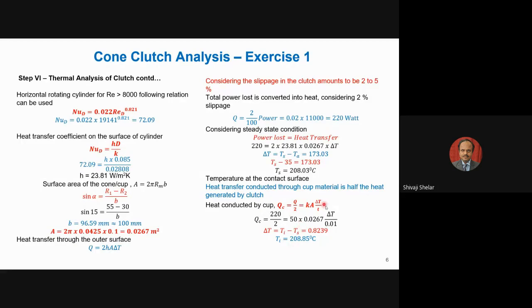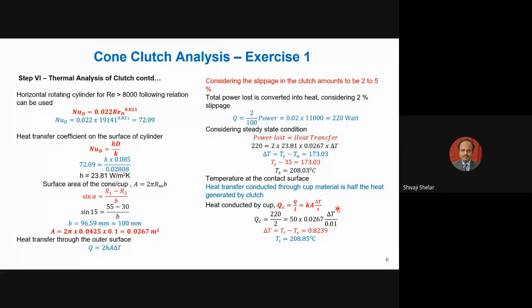So whenever we design the plates of a cone clutch, the cone clutch material is taken as either steel or brass, not only because of strength but also because of its thermal conductivity property, because whatever heat is generated because of slippage or friction has to be dissipated to the atmosphere properly, or otherwise you have to use cooling media.